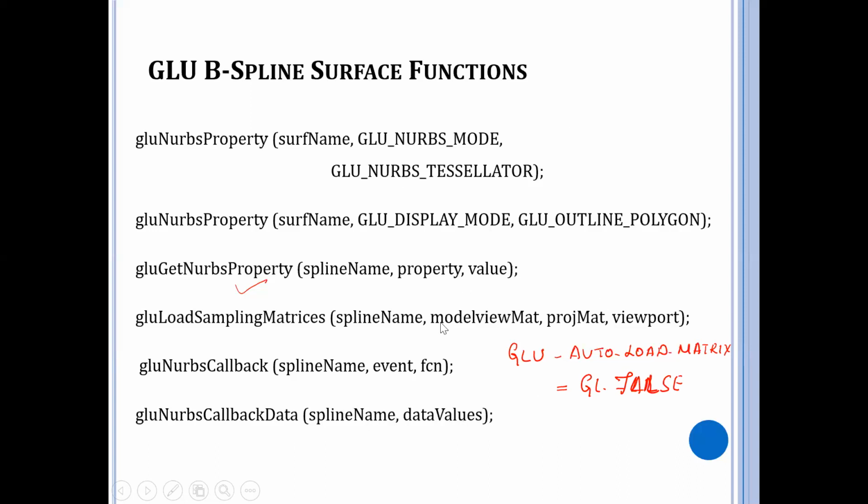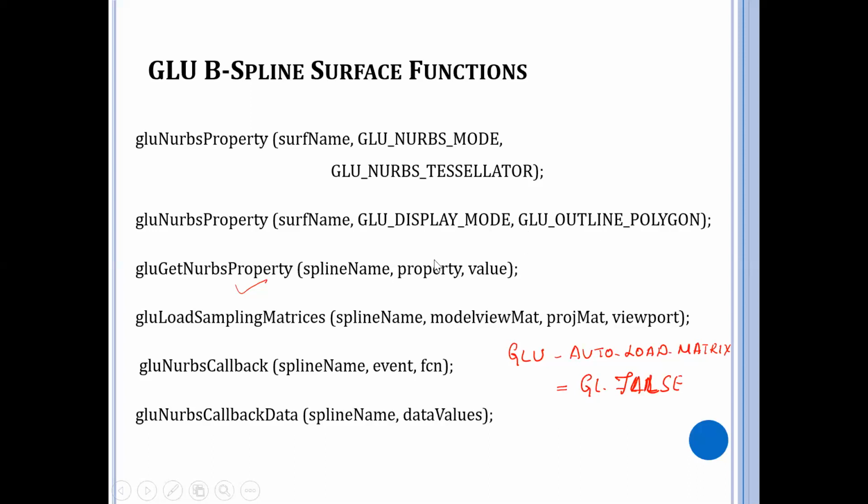This is only for your reference, which is very rarely used, but I still want you to know these are some of the functions which are available for the creation of the spline surfaces. I repeat, if I want to set a spline surface, I make use of the NURBS property, one for the generation of the solid surface, the other one for the generation of the wired surface.